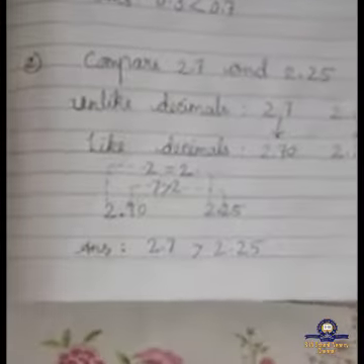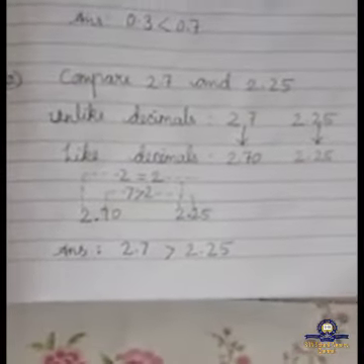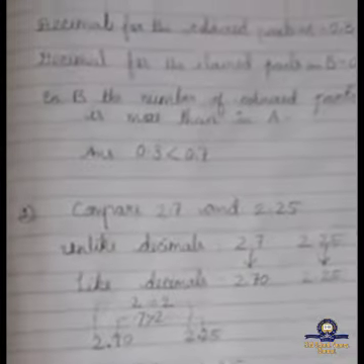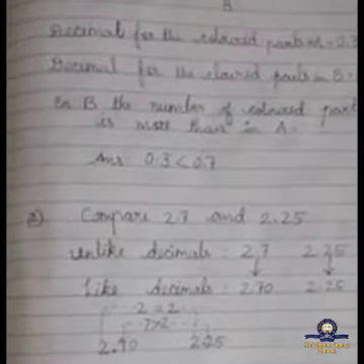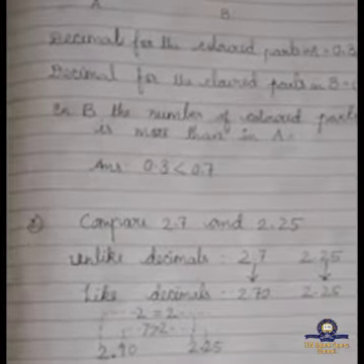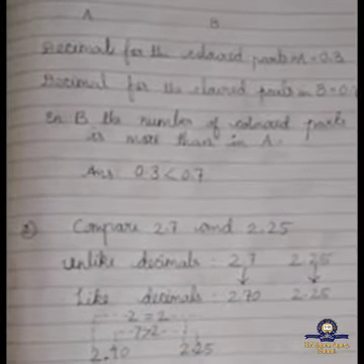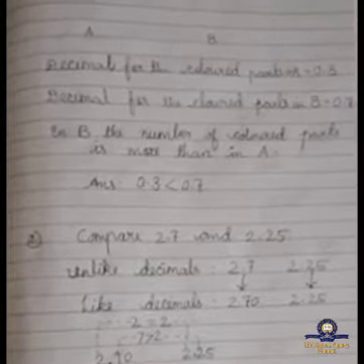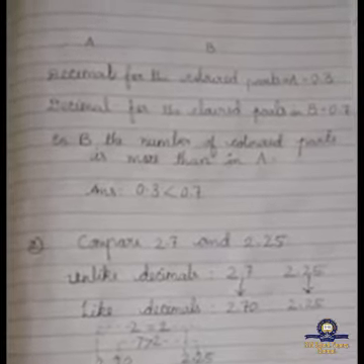Now let us go to another sum that is also from the book itself. See in my note. Second one: compare 2.7 and 2.25. Compare 2.7 and 2.25.